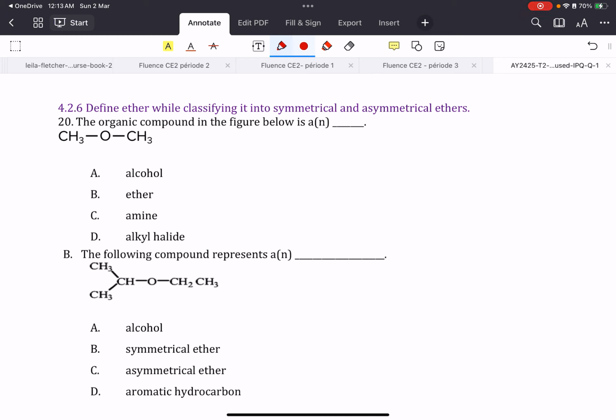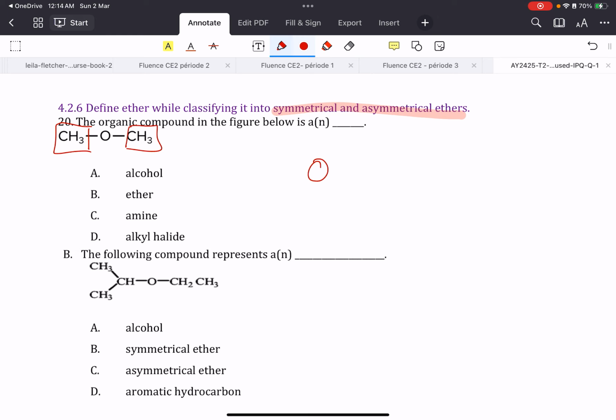Next, symmetrical and asymmetrical ethers. Symmetrical means surrounded by the same groups from left and right. So that means this is a symmetrical ether. If the groups from left and right are different, then we're talking about an asymmetrical ether.